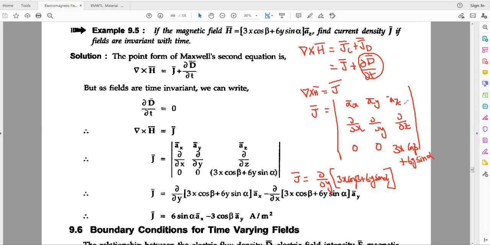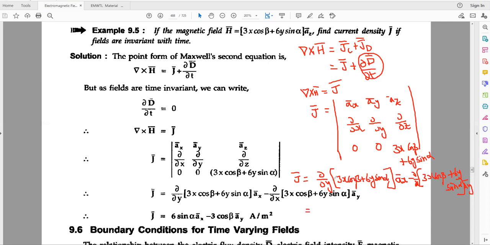And minus, for AY bar, it is dou by dou X of 3x cos beta plus 6y sin alpha into AY bar. And coming to the AZ bar, both the terms are 0. There is no AZ bar coefficient.